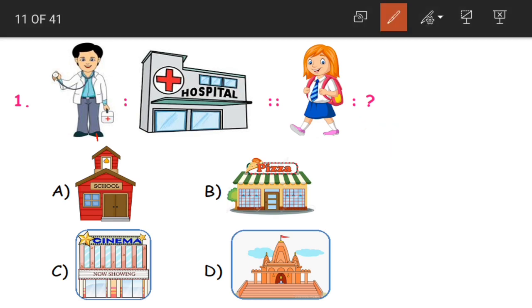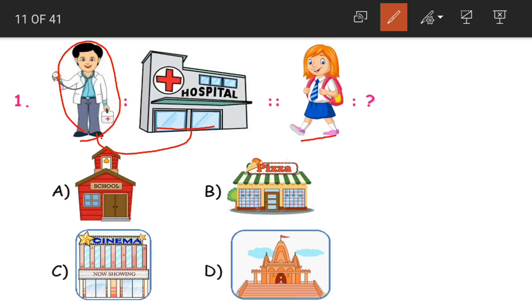What is the relationship between the first pair? A doctor is one who works at the hospital or who goes to hospital. Now in the same way, a student is one who will be at what, children? Who is a student? Student is one who studies at school.